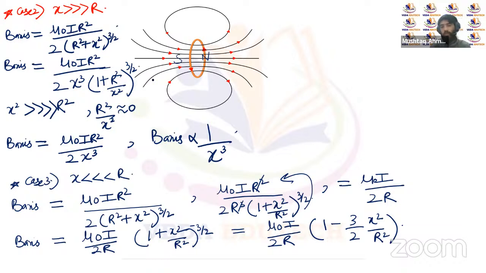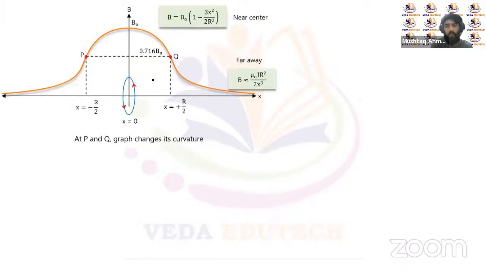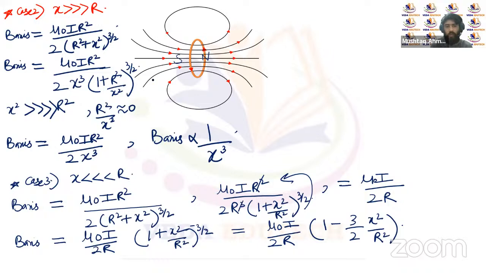So the conclusion here is that when x is very much greater than r, at a larger distance compared to the center of this ring, there is a cubic inverse relation with x. The magnetic field on the x-axis is inversely proportional to the cube of the distance from the center.